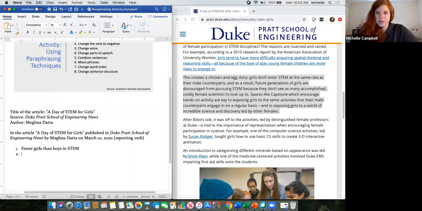And that, let's see, because girls don't see, we'll say their future selves in STEM professions, they are less likely to enter them.